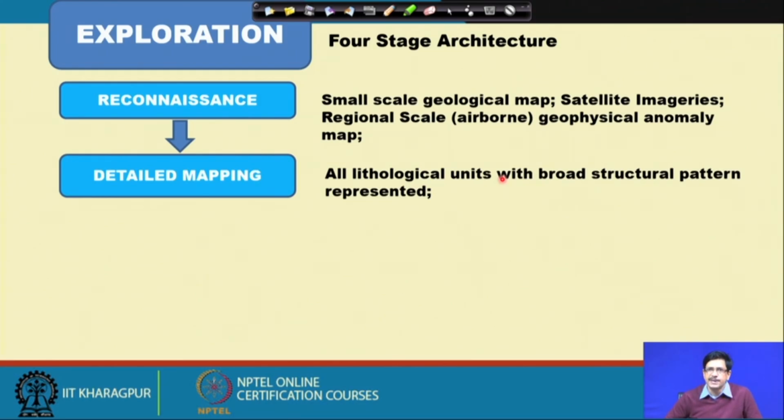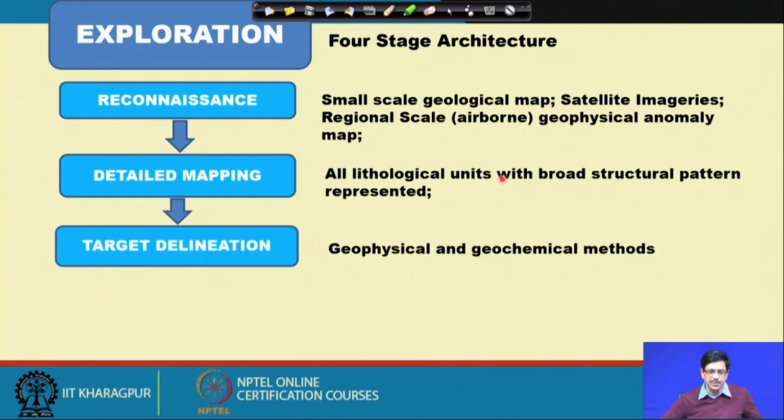Say for example, when we are discussing the Noamundi basin, the Horseshoe Synclinorium, even though the basin is essentially an ancient banded iron formation basin, the localization of ore in terms of the high grade iron ore is very much controlled by the structure, with the later folding and the formation of the favorable locales, where the enrichment of the primary iron formation could take place to give rise to high grade ores. So, such structural patterns have to be very well studied and represented, and that is the basic idea, and the detailed maps are produced.